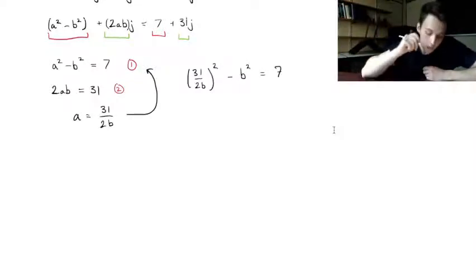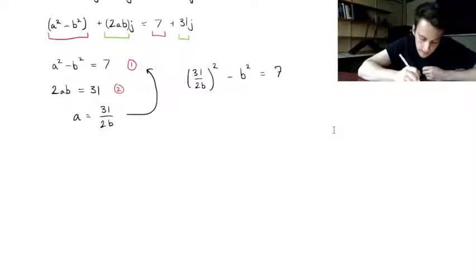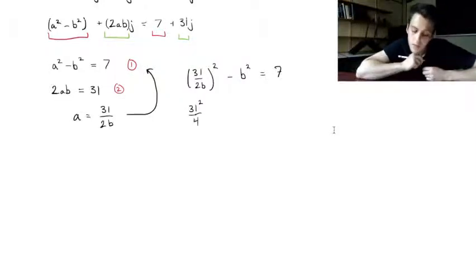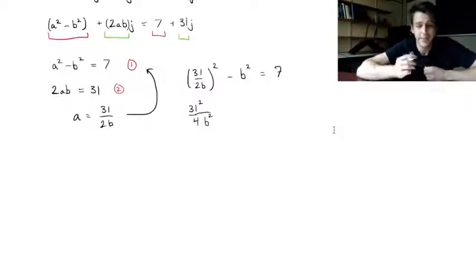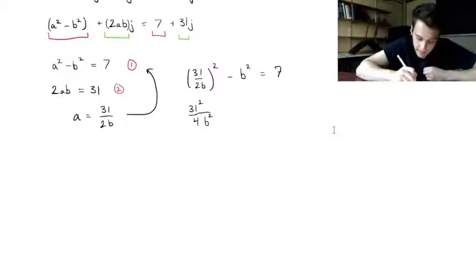Okay, great. So let's try to simplify this as best we can. Let's just write this as 31 squared over 4 times b squared. Because I don't know what 31 squared is, we'll just leave that as 31 squared for now. Minus b squared equals 7.